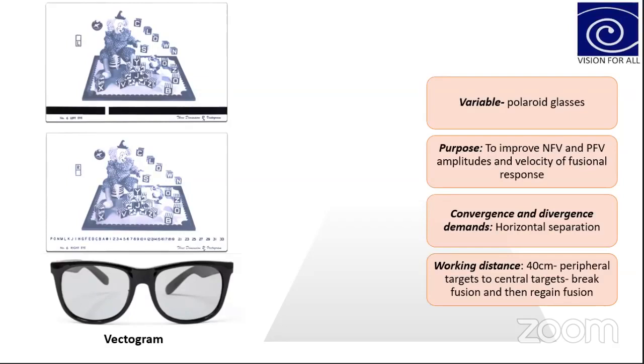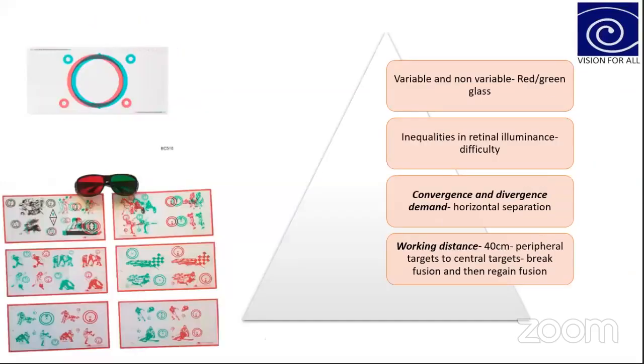Now, for the convergence and divergence demand, there are two slides in the vectogram, and in the anaglyph there are also two slides. The horizontal separation of these slides will help you create the convergence and divergence demand.